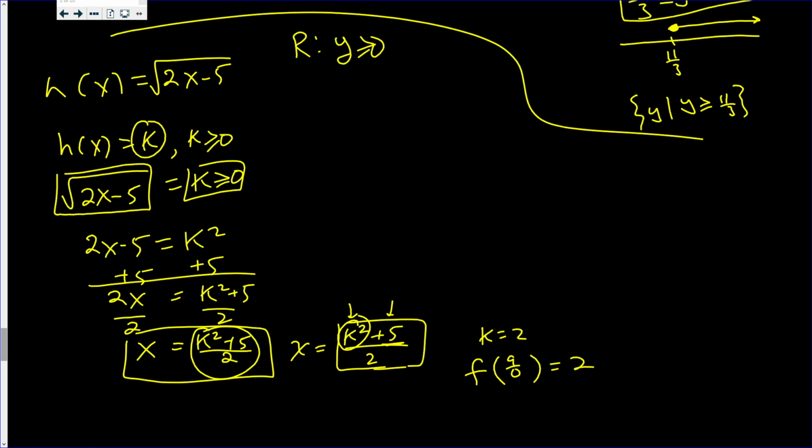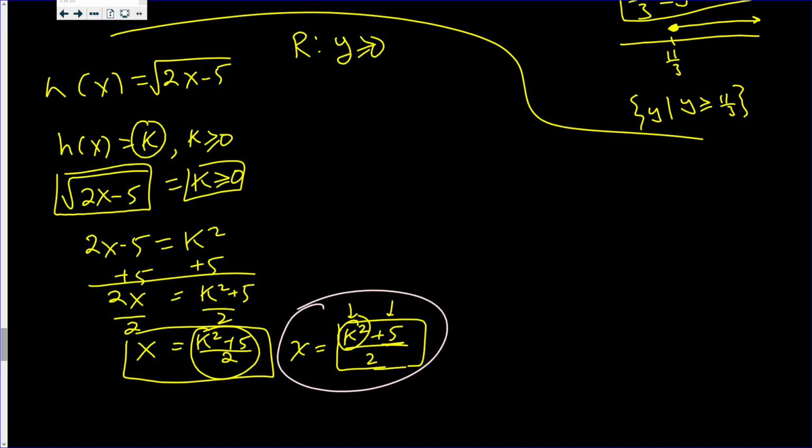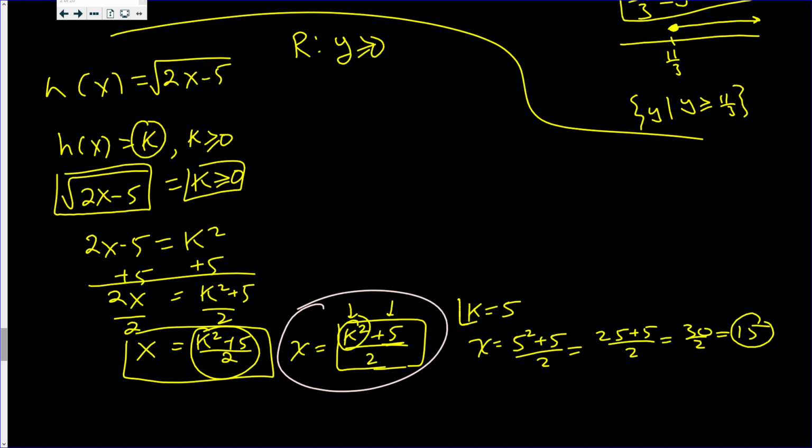Now, let's see what this is all about. What does this mean? Well, if I pick k, let k be 5. So then x is (5 squared plus 5) over 2. It's 25 plus 5 over 2. It's 30 over 2, or 15. I claim that if I take h of 15, I'll get k. Well, let's see if I'm crazy or not. H of 15.